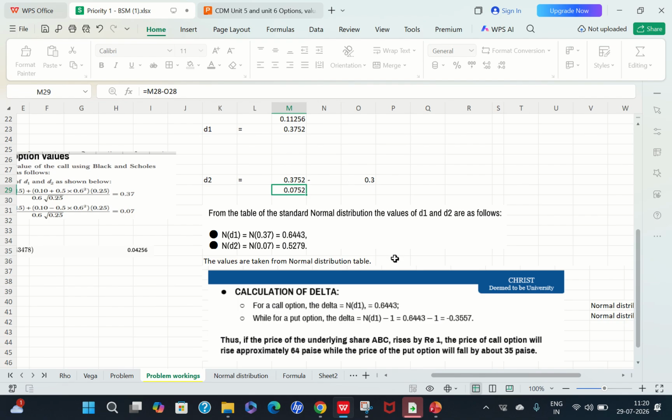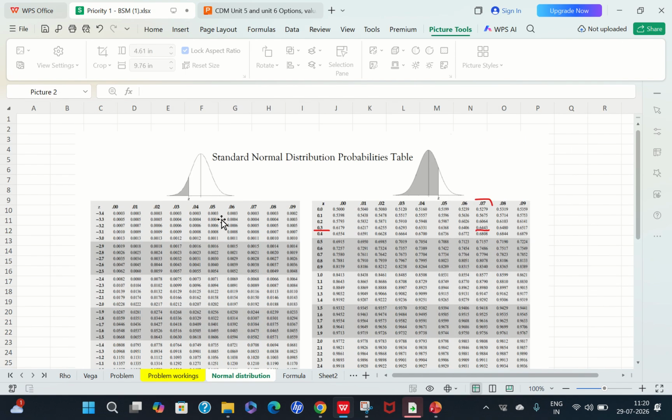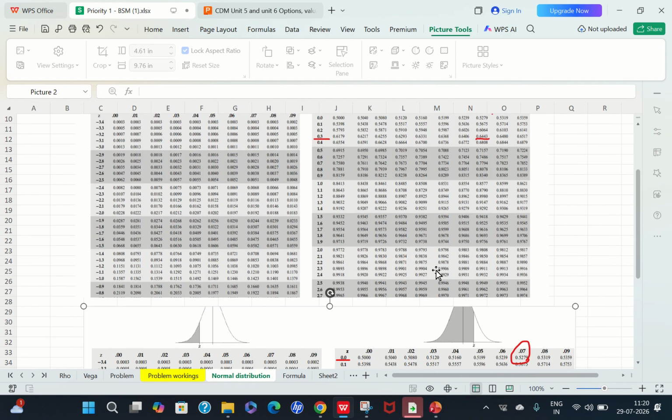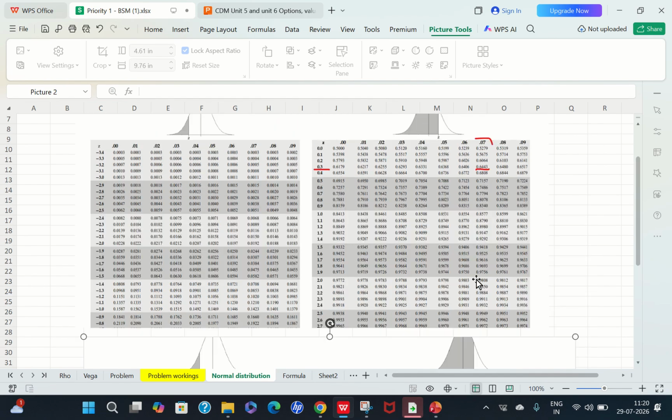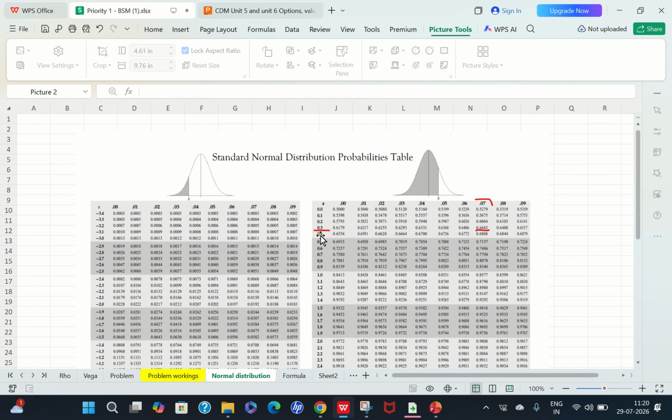And from the table of the standard normal distribution, the values of D1 and D2 are taken. So to get the normal distribution values, here is the probability table. For 0.37, you get 0.6443.